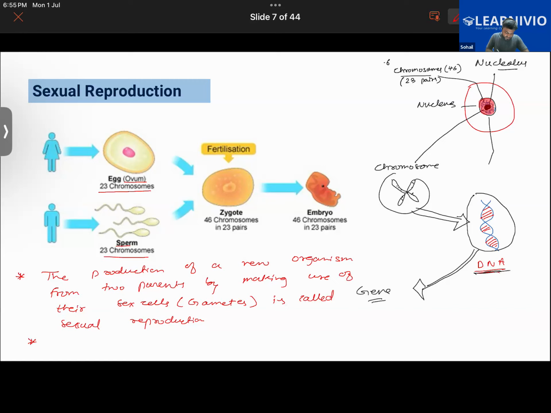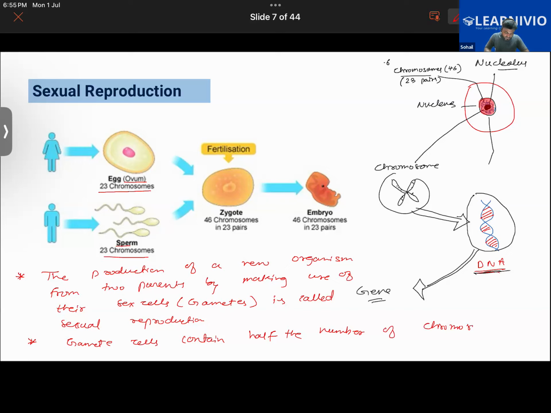Another thing you would be writing down: gamete cells contain half the number of chromosomes. Write down this much and do let me know.